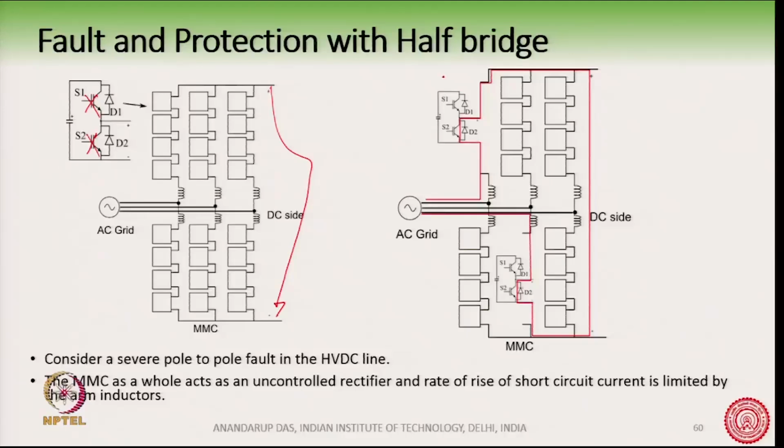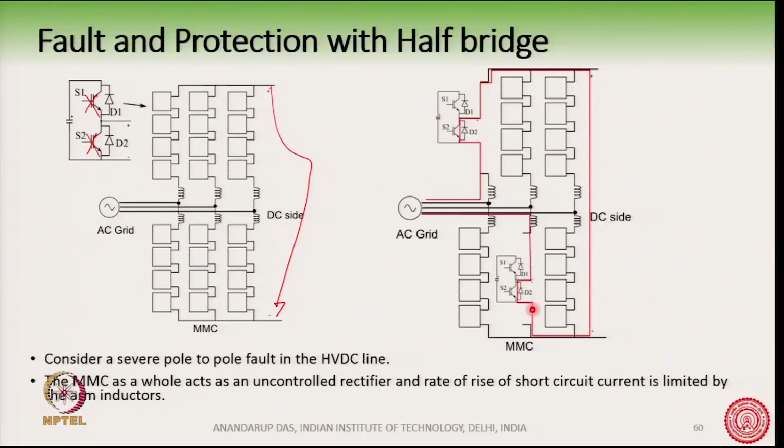Similarly, in the other phase, in the lower arm, the whole arm is composed of one half bridge, here and here. These are the two equivalent representations of the arm with one half bridge.